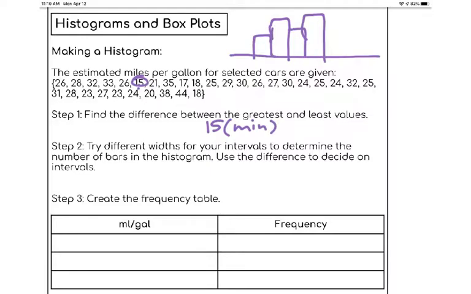And then my maximum looks to be about 44. So 44 is my max. So what is the difference between 44 and 15? Okay, let me get a calculator. The difference being about 29, okay?